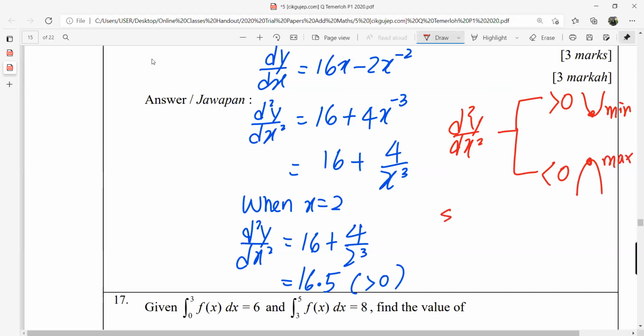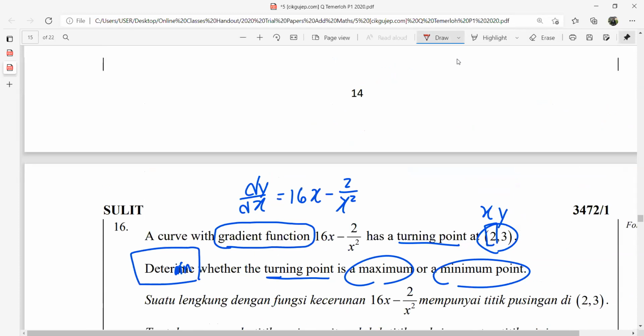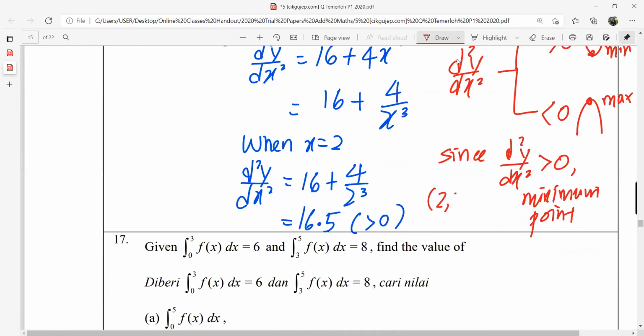So you can write your conclusion: since second derivative is more than 0, it has a minimum point. The turning point itself, 2, 3, is a minimum point. So the answer is minimum.